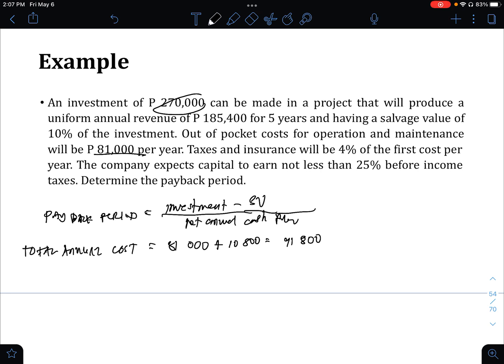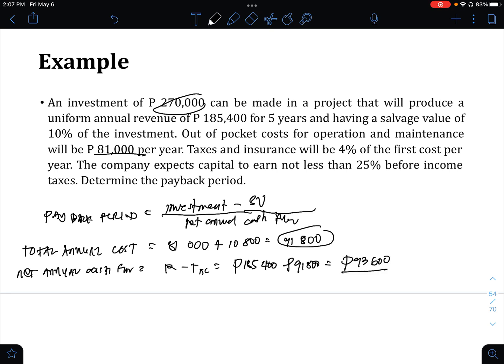And we also have the net annual cash flow, which is the annual revenue minus the total annual cost. The revenue is 185,400 minus our annual cost of 91,800 pesos, which is equivalent to 93,600 pesos.